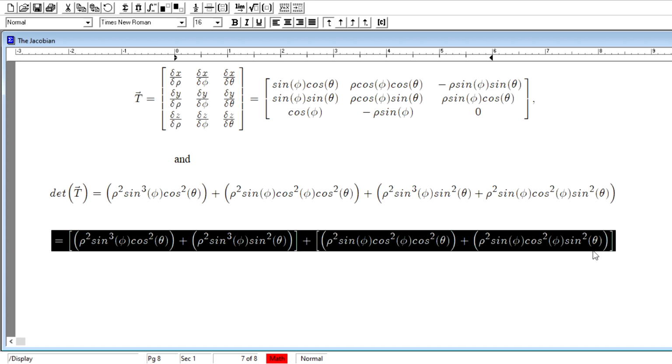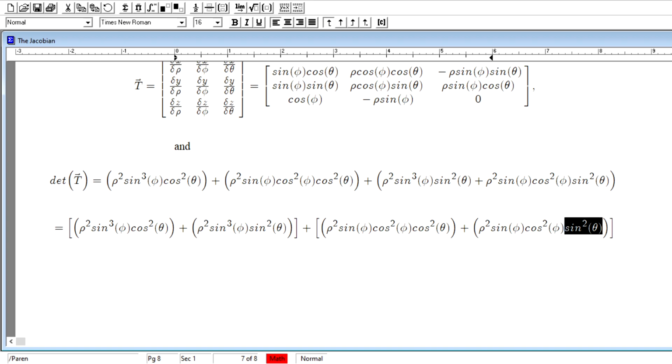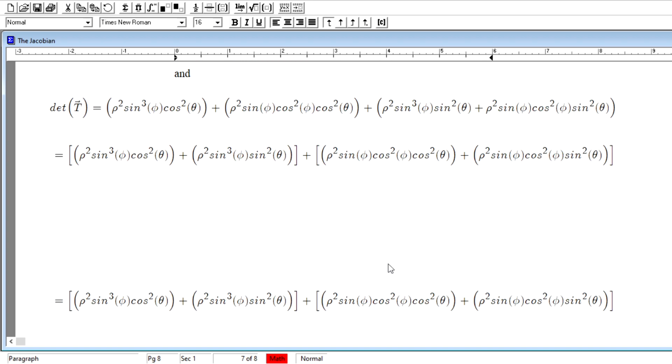And from this group, I can factor out a rho squared sine phi cosine squared phi from each of these terms, which will also leave behind a cosine squared theta plus sine squared theta, which will also equate to the value of 1. You see that happening here in this next step.